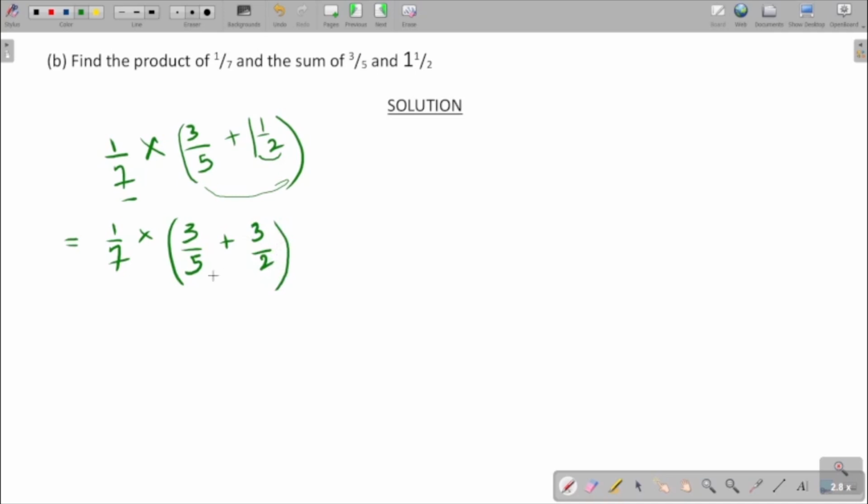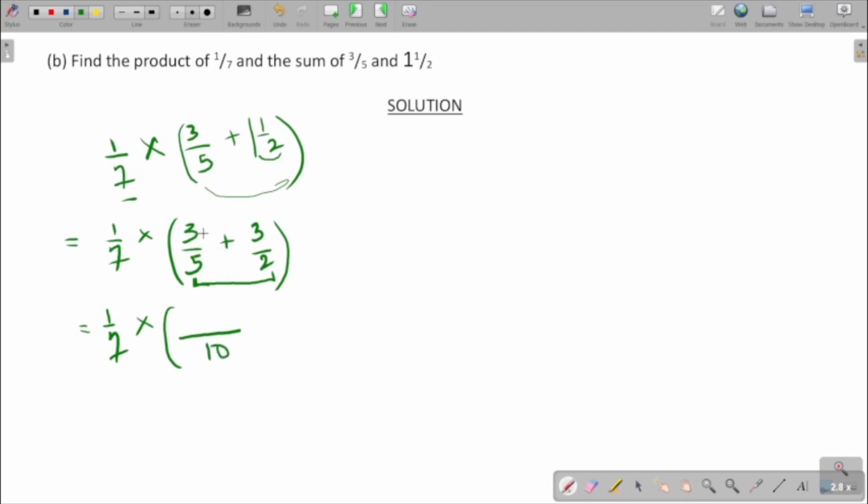And if you have to add this together, 1 over 7, one of the methods you can use that will be simple for you, since they have different denominators, is 2 multiplied by 5, you have 10.